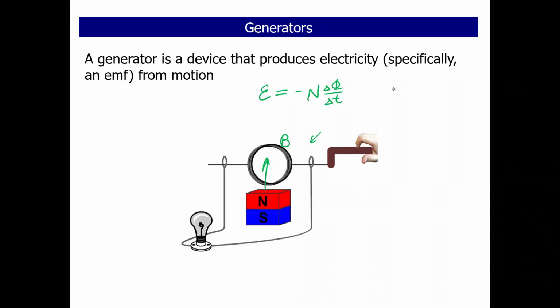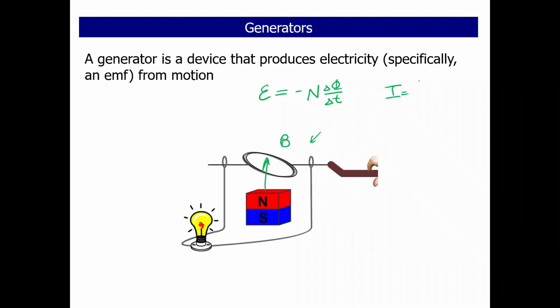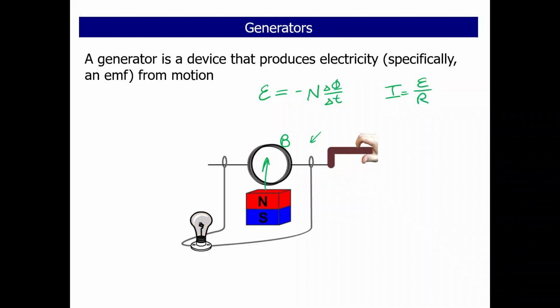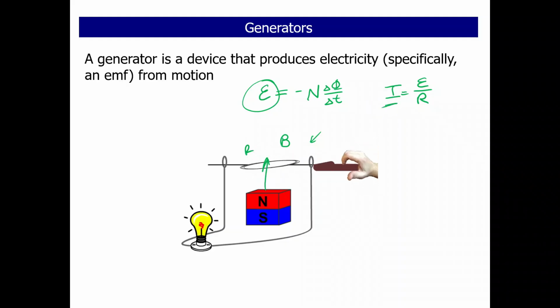Ohm's law says that our current is equal to our voltage over our resistance. So once you have found your EMF, you can divide that by the resistance in the coil, and that is going to give you the current that was generated.